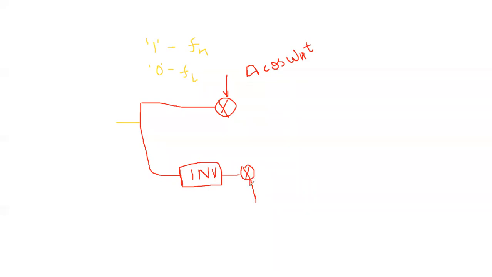The second multiplier has a carrier with lower frequency, the same carrier with the same amplitude A but a different frequency, A cos of omega L t, where L denotes the lower frequency. The outputs of the first and second multipliers are both given to the adder circuit.